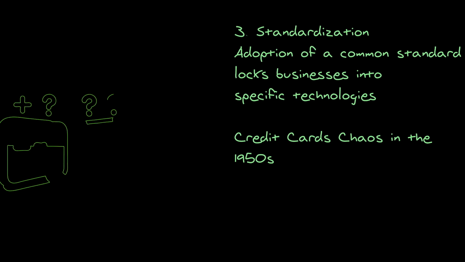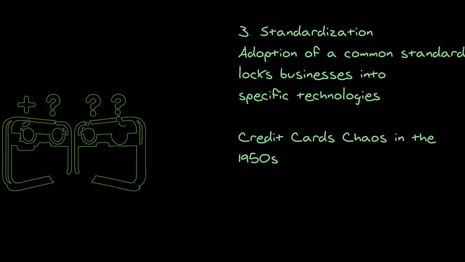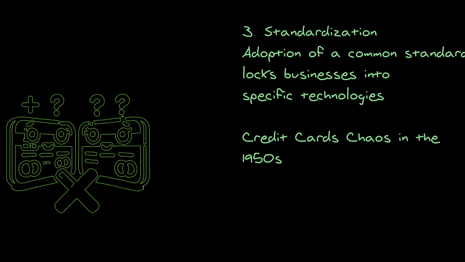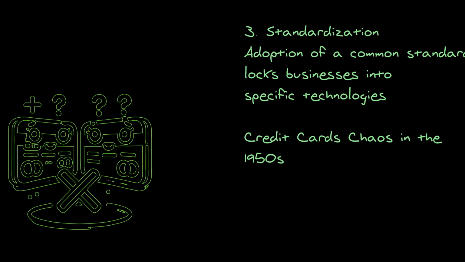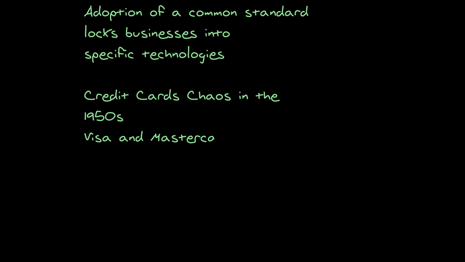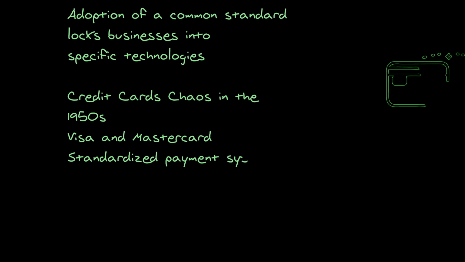But there was one huge problem. Different banks issued different cards, and not all merchants accepted every card. It was chaos. Imagine going to the grocery store and not knowing if they'd even accept your payment. Yeah, not exactly convenient. That's when Visa and MasterCard stepped in with a simple but genius solution: standardization.